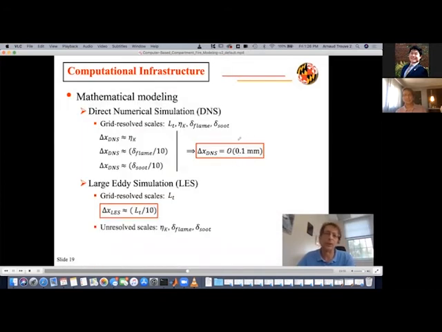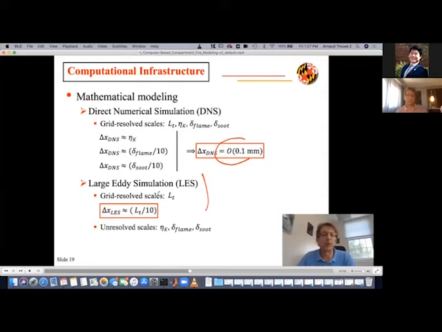So here again, to repeat a little bit, in DNS, we have this brute force approach that brings a lot of accuracy, but requires a very fine grid at the 0.1 millimeter level. In LES, we have an approach that can provide a variable level of accuracy, and it is consistent with practicing engineer computer capabilities.